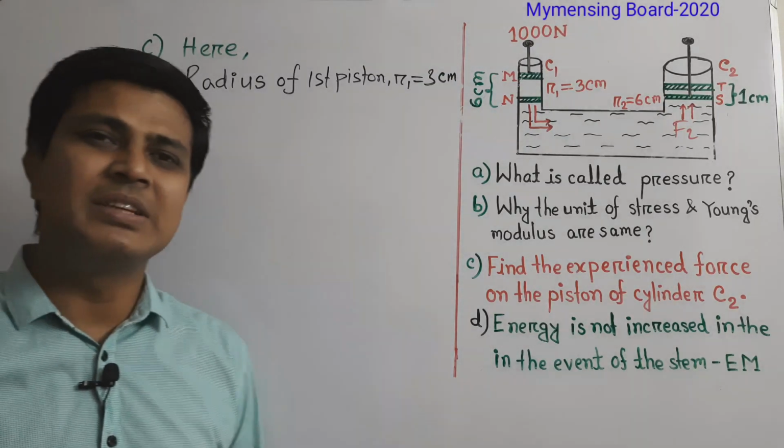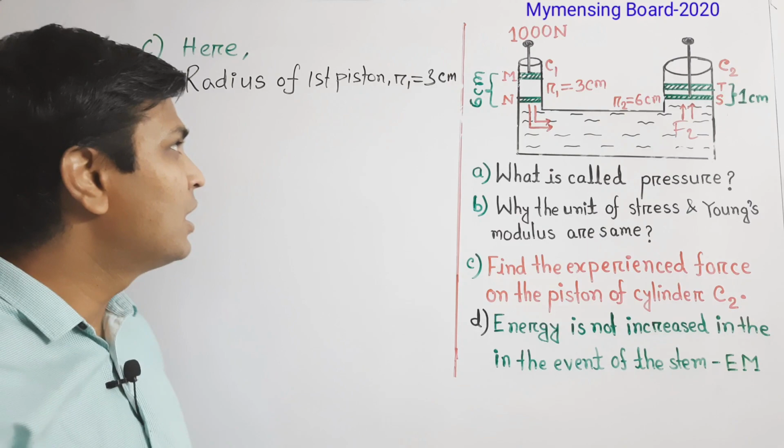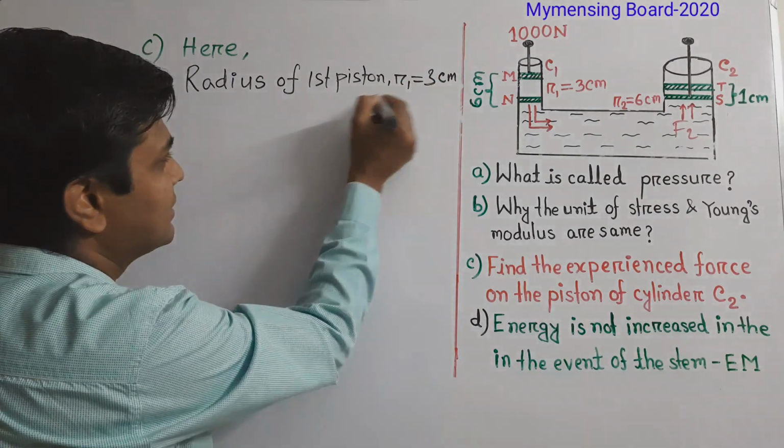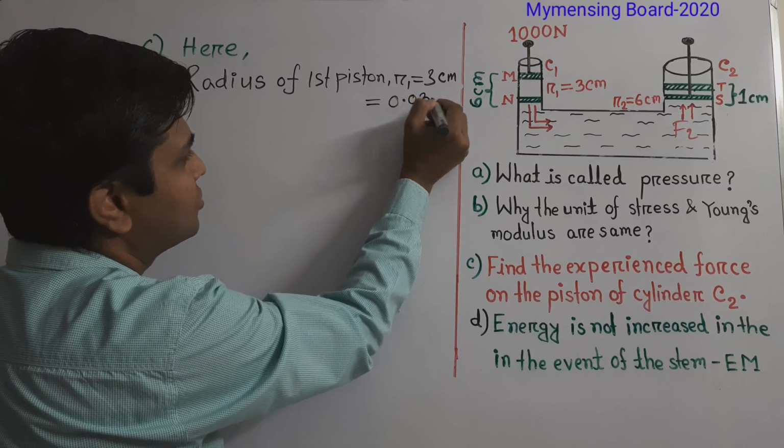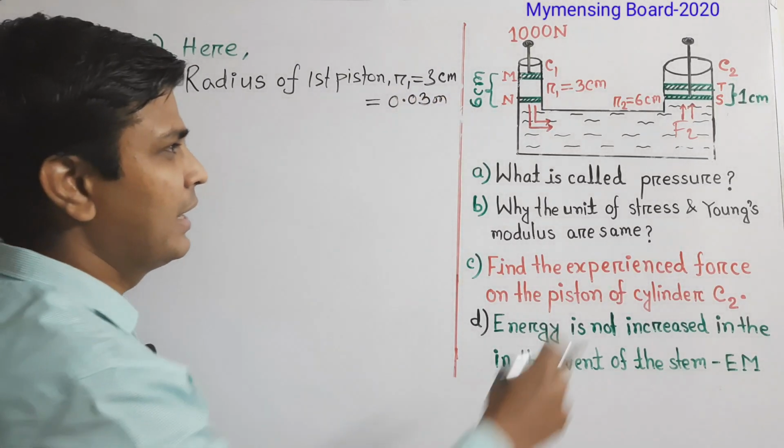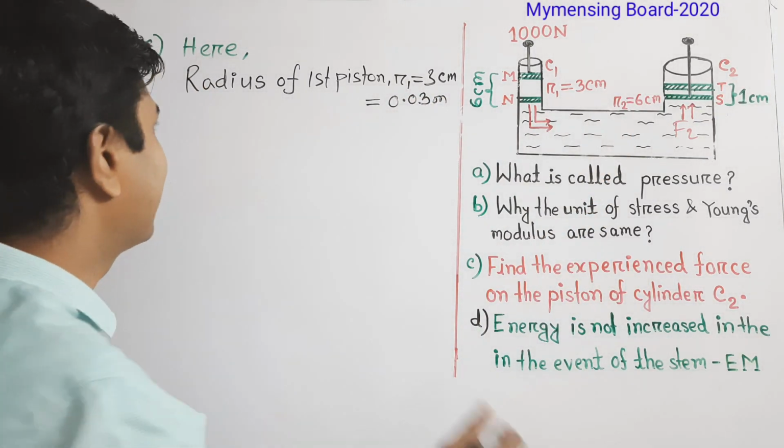We have to convert centimeter to meter, so we divide by 100 and get 0.03 meter.